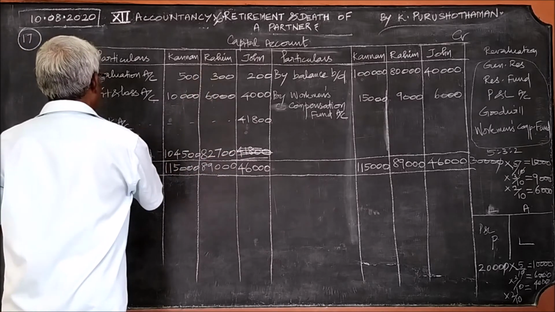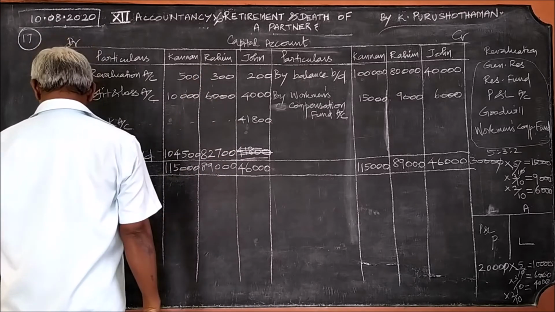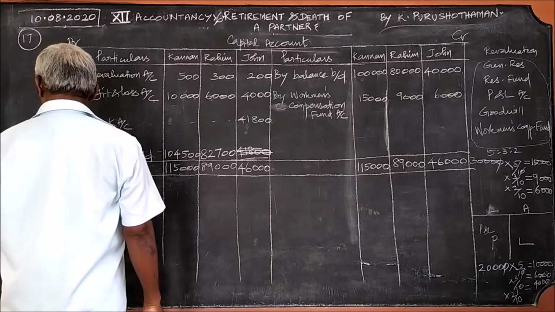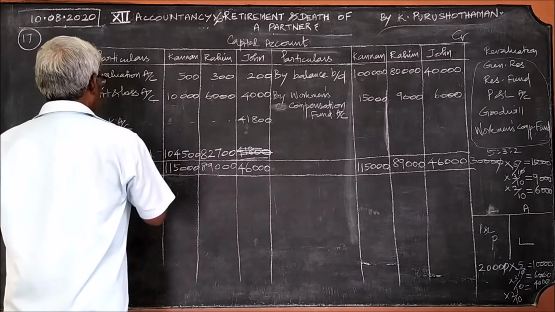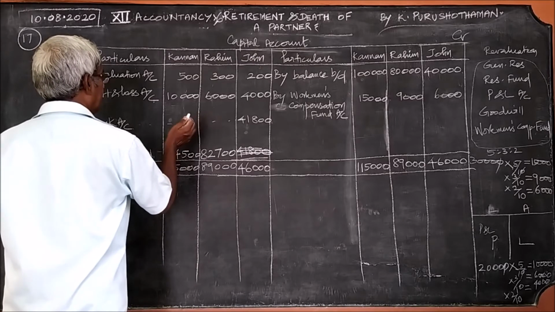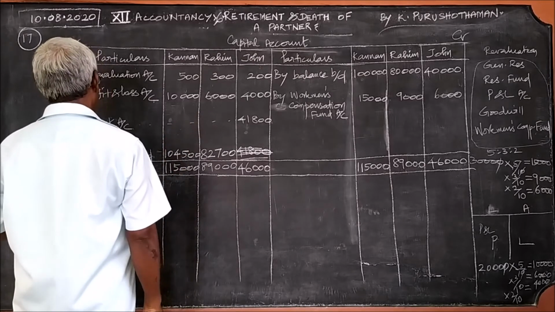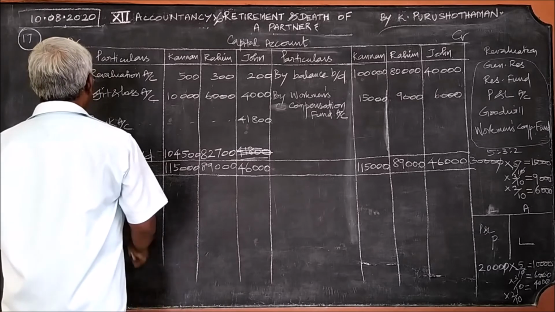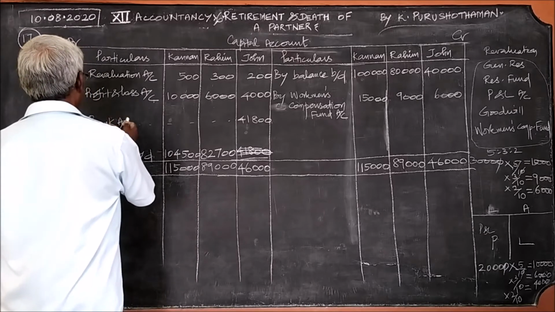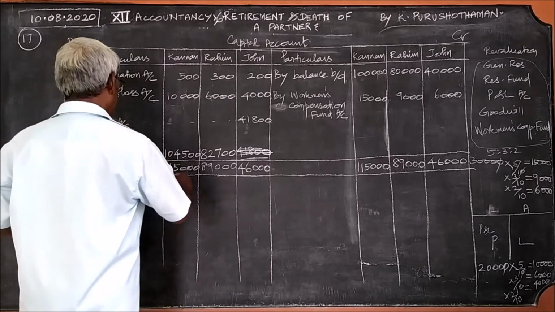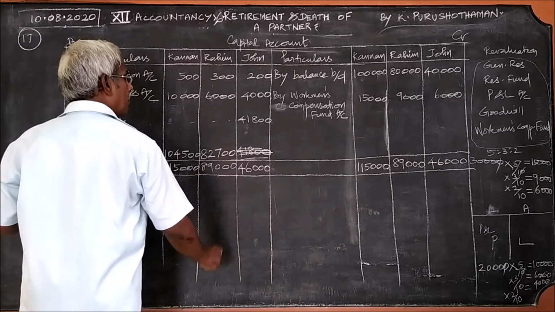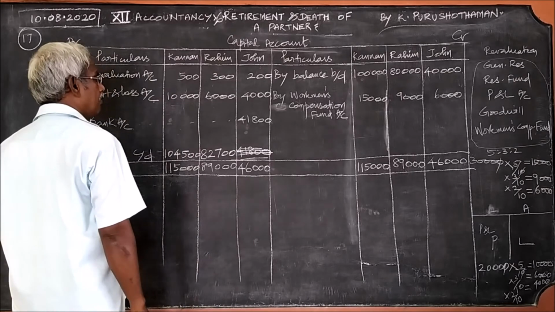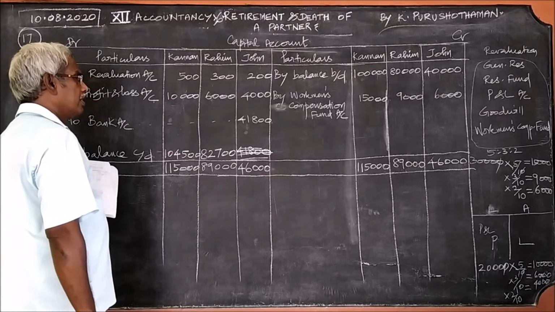Who has paid John? The bank only has paid, because only in the bank is the amount available. So to bank account, 41,800 we should write. If the partner does not retire, we need not worry about it. We can write balance carried down for all of them, but all arrive at this, we can write it.